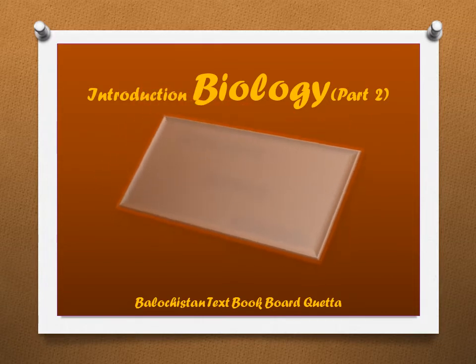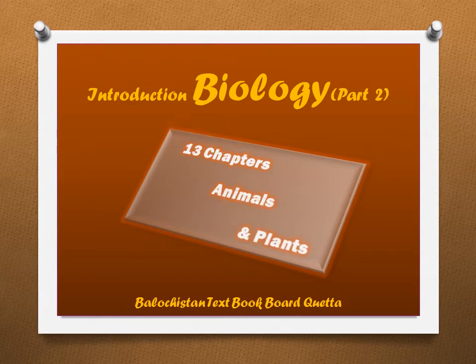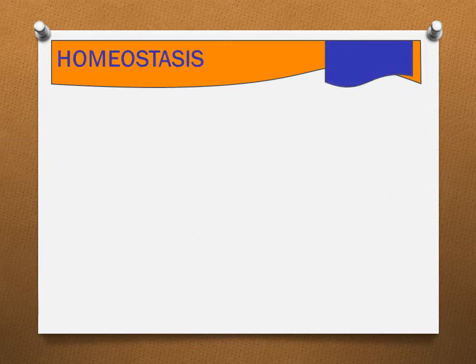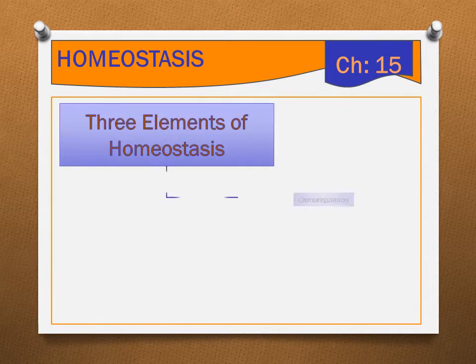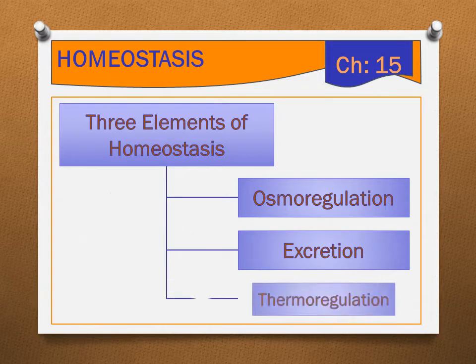It is mainly comprised of 13 chapters that illustrate the basic characteristics of both animals and plants. Homeostasis is the first chapter of this book. The word homeo means like and stasis means standing. The maintenance of a constant internal environment is called homeostasis.